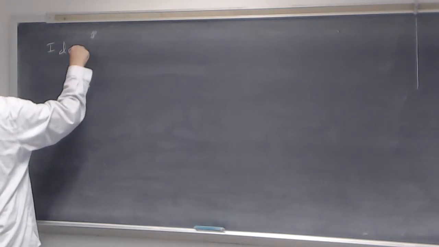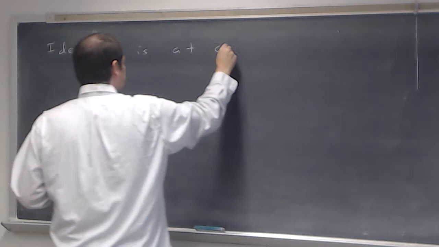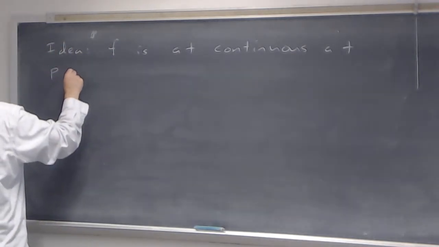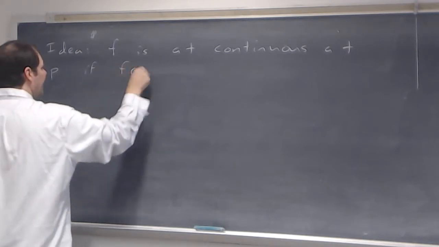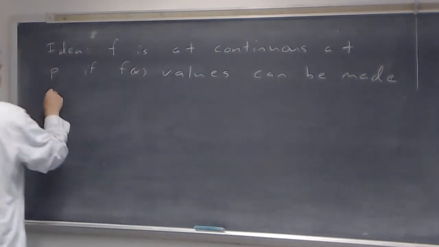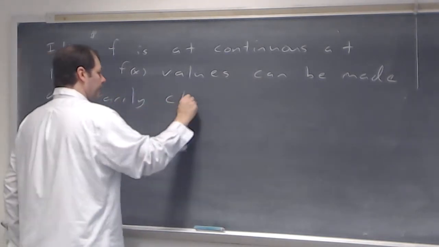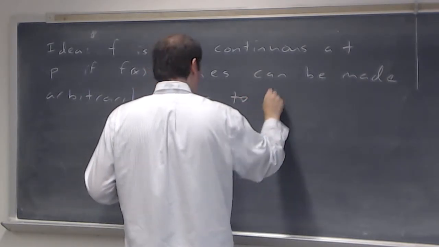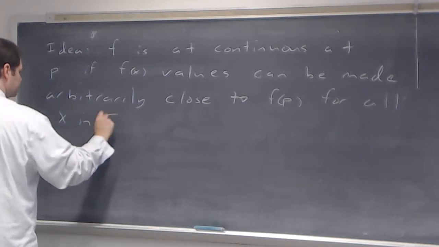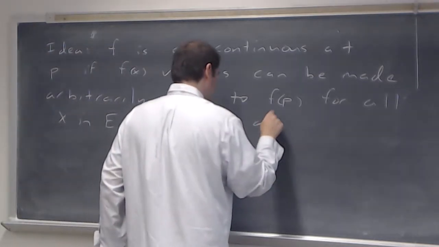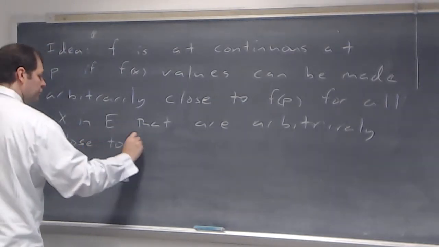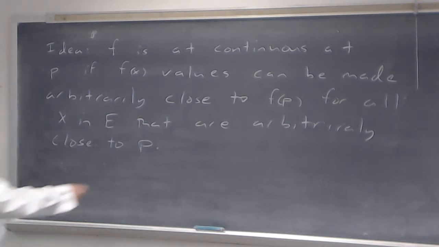So the idea is f is continuous at p if the f of x values can be made arbitrarily close to f of p, and that's for all x in E that are arbitrarily close to p. And that is including p.